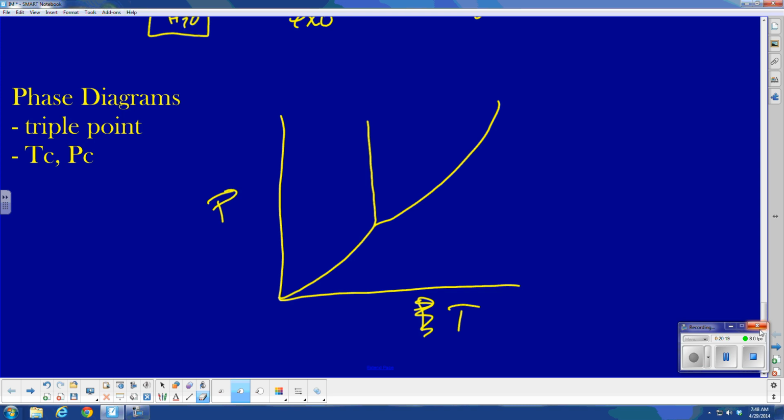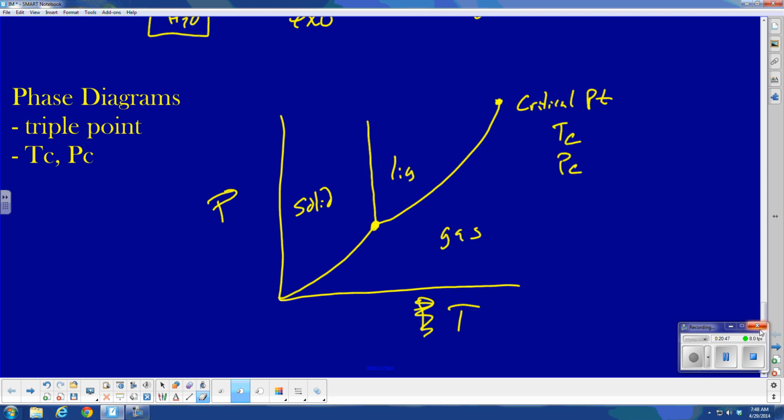Yes, that's right. This would be a solid region. This would be a liquid region, and this is my gas. This point right here is the triple point, and at that point I have an equilibrium between solid, liquid, and gas. Up here somewhere I have something called what? My critical point, which is my critical temp and my critical pressure.